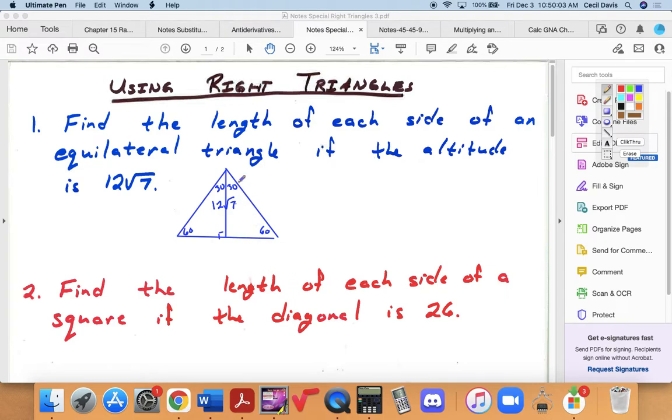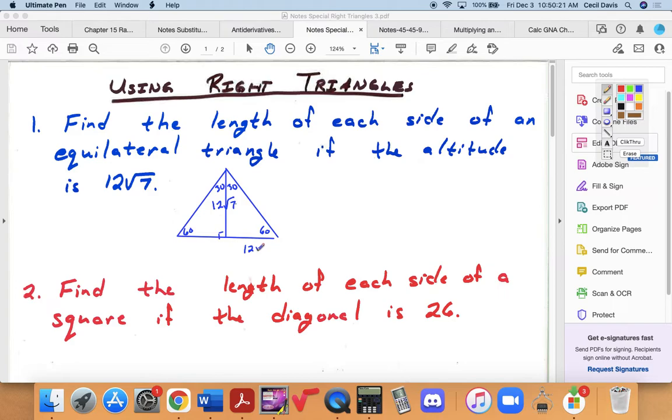So, what side of this 30, 60, 90 triangle do we have? The long leg? Right. How do we know it's the long leg? Because it's opposite the angle measure of 60. Perfect. So the short leg, how do we find that?